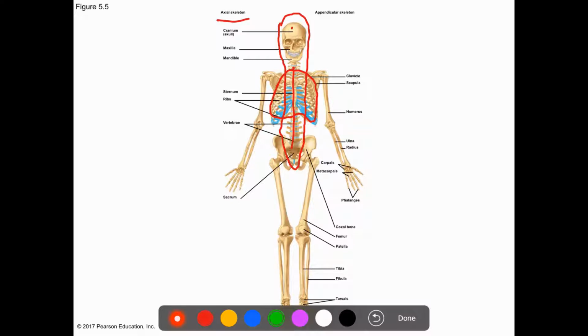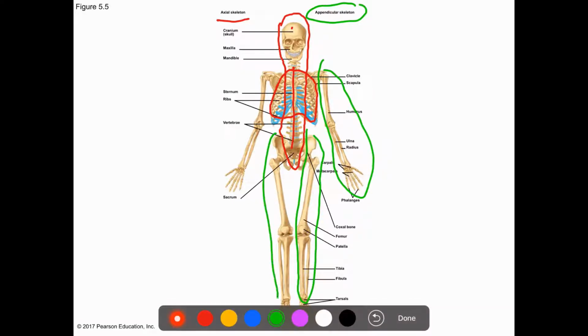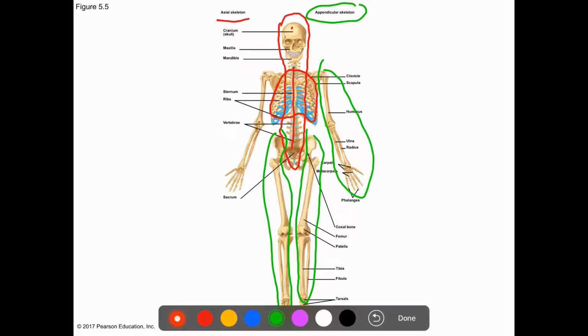Whereas the appendicular skeleton includes the bones of the limbs, including, of course, the feet, and also the bones holding these limbs to the axial skeleton.